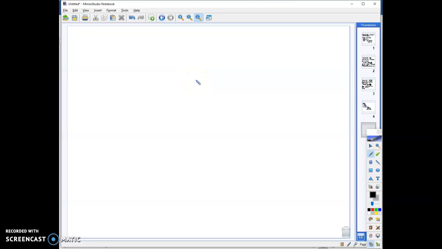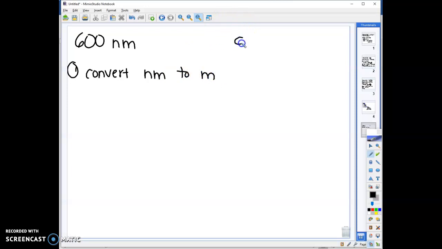So let's say, as an example, I was given a wavelength of 600 nanometers. My first step is going to be to convert nanometers to meters, because I'm going to use my formula that I just showed you, where c, the speed of light, is equal to wavelength times frequency.